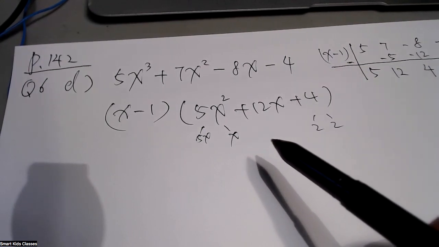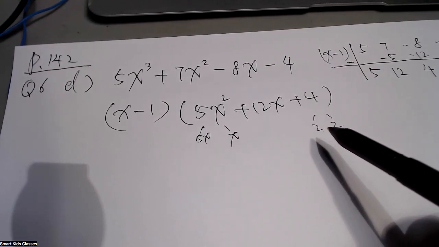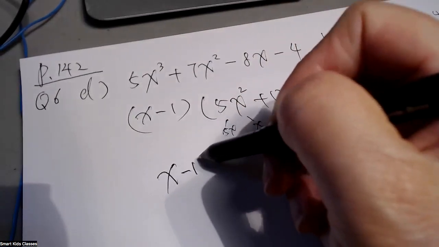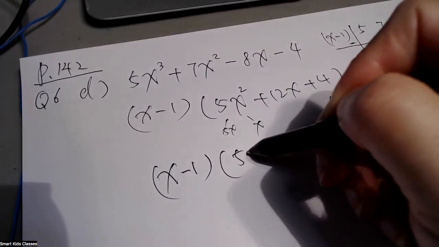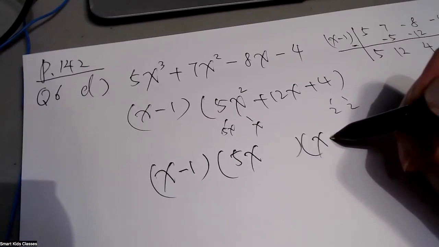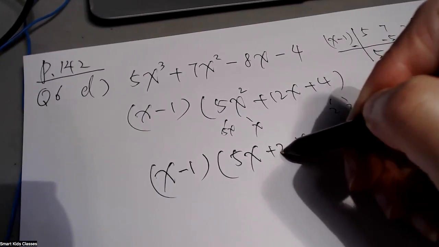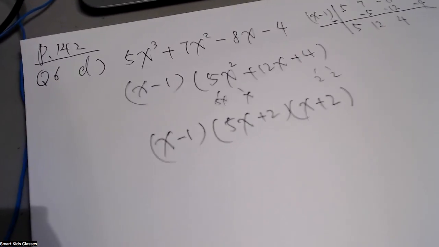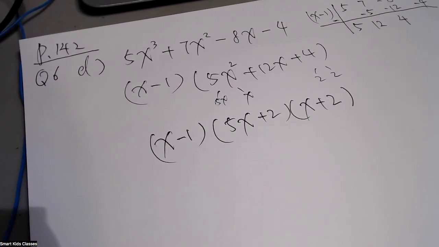Let's find which one works. 5 times 2 is 10, 10 plus 2 is 12. We got it fully factored. So we put 5x here and x here, we want a 10, so put 2 here, put 2 here. That's the full factoring. Now we are going to do the next one.